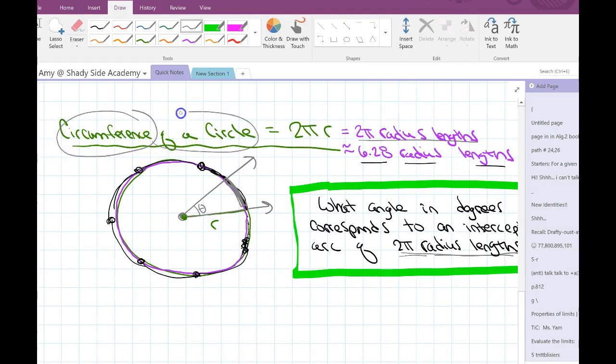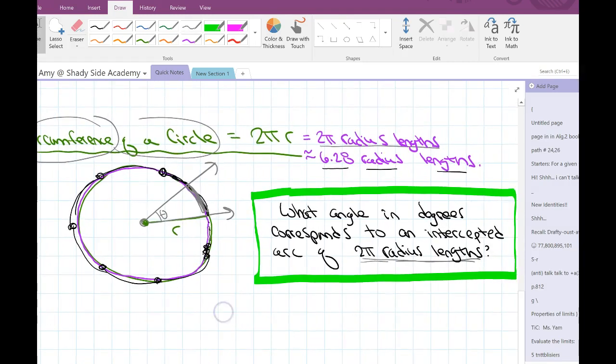The entire circumference. So what I want to do is say I want the intercepted arc to encompass all the way around. So my terminal side and my initial side are going to overlap.